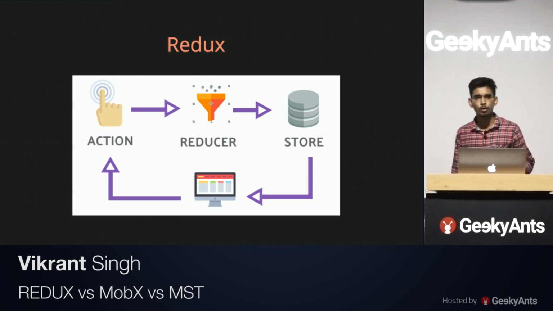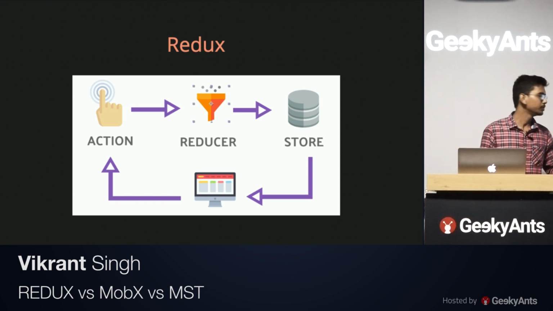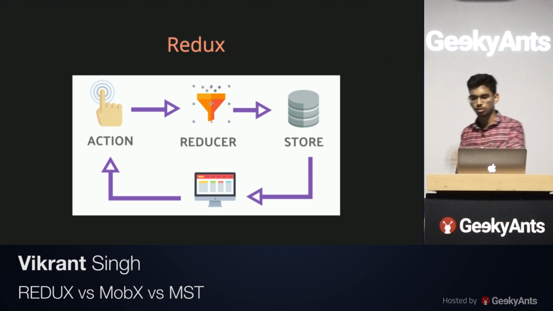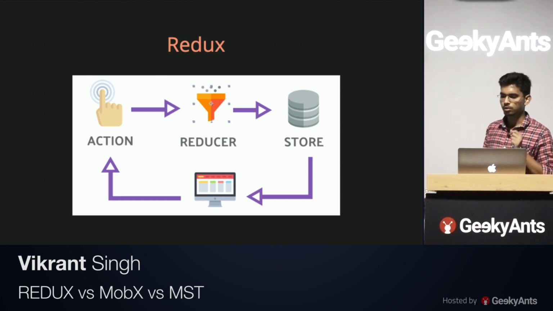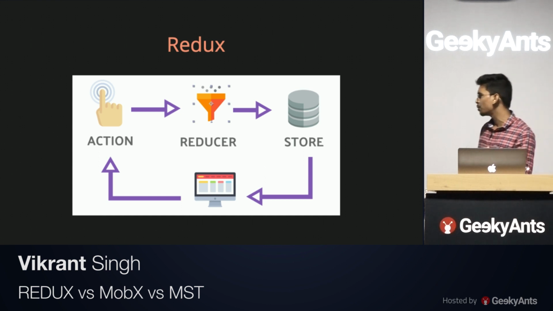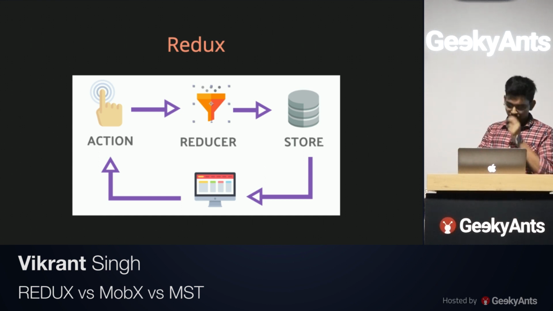If the action type matches the reducer, then it generates a new copy of the state and passes it to the store. If the previous state and the copy of the new state are different, only then does the store allow that change to happen in the state of the application.